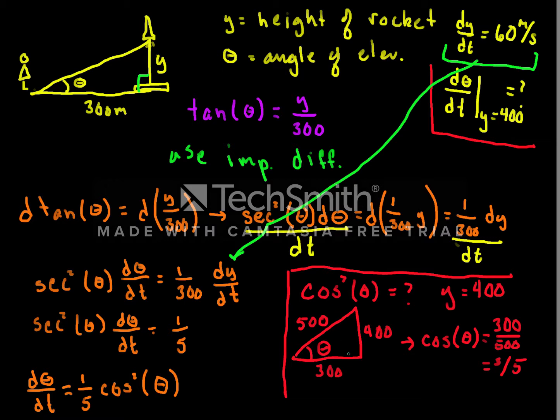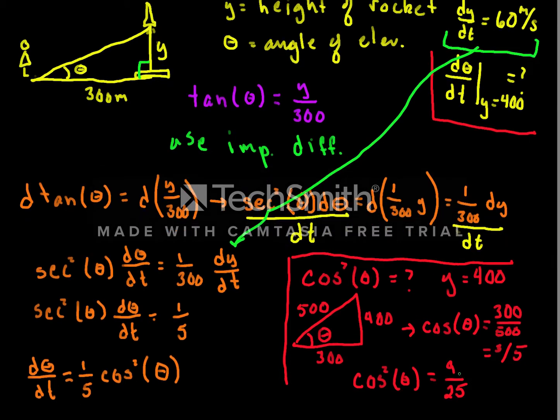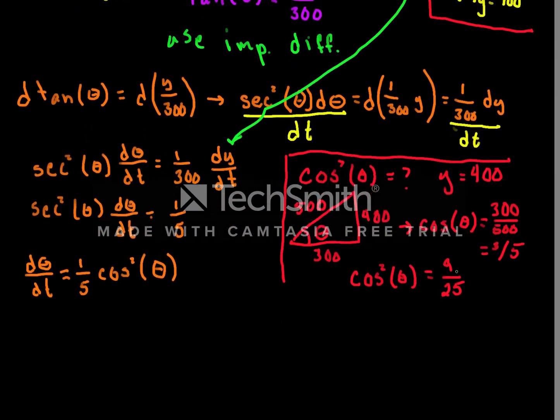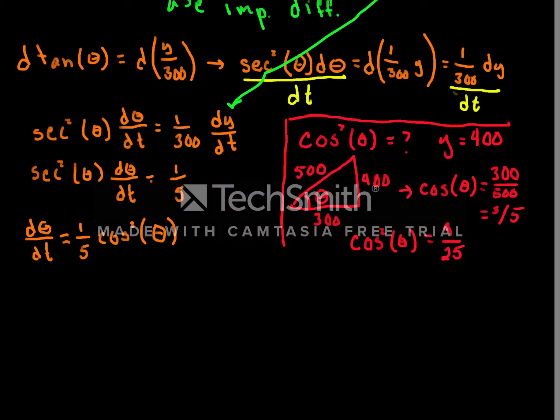And so finally, what is cosine squared theta? Cosine squared theta is equal to 9/25. And so finally, we can answer the problem. We want to know d theta dt when y is 400.